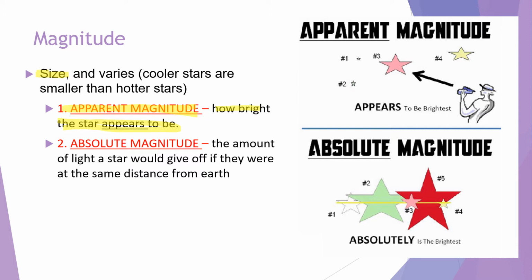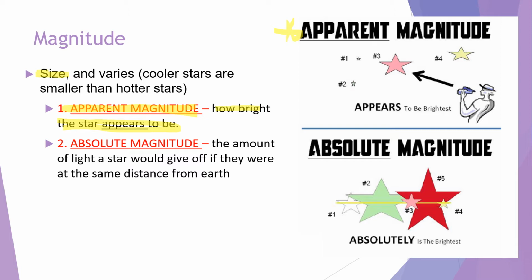Okay, so even if you look over in this diagram here at apparent magnitude, you'll see 4 different stars. We have star 1, which is really tiny, doesn't look very bright. Then we have number 2, which is not as tiny, but still small. 3 is this pink star, and 4 is this yellow star, and it says number 3 appears to be the brightest. So from where this person is standing, looking into the sky, comparing these 4 stars, number 3 appears to be the brightest.